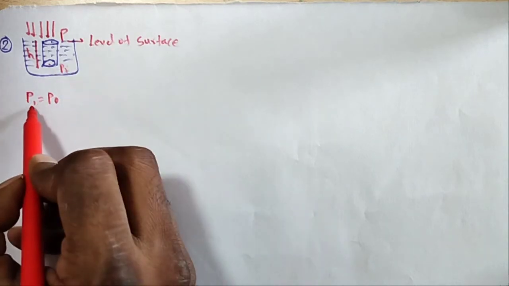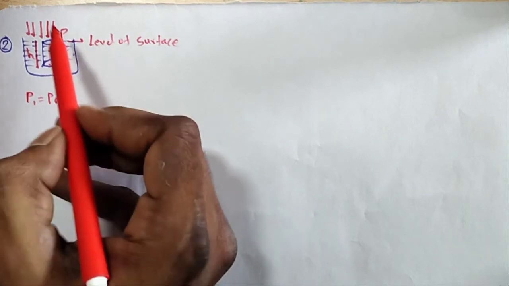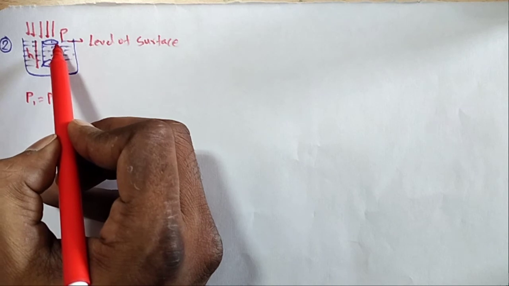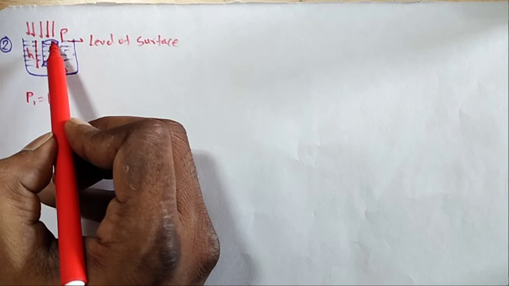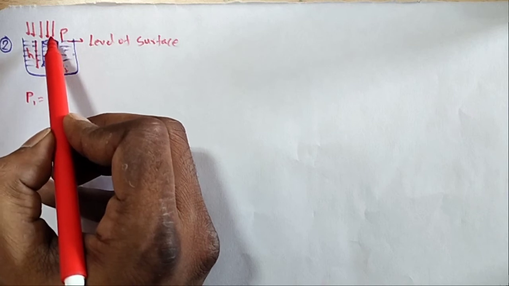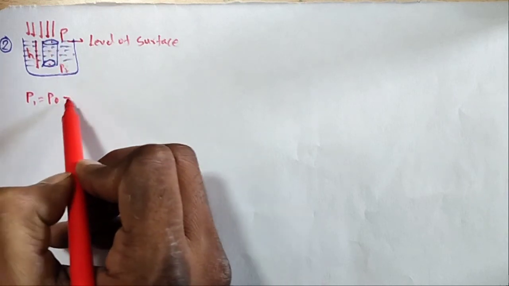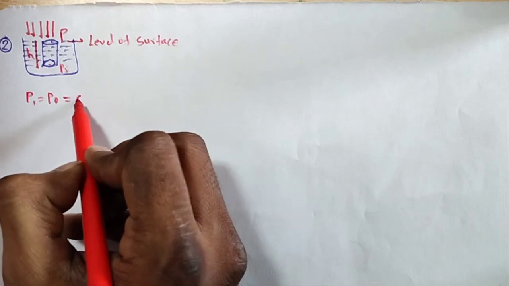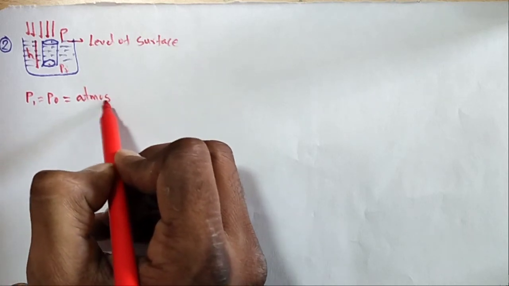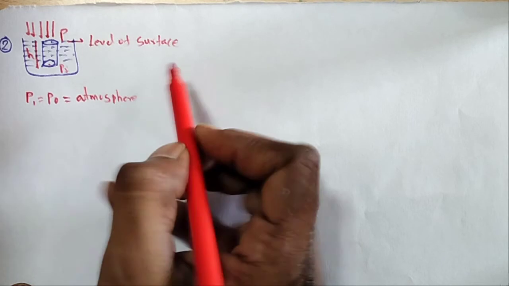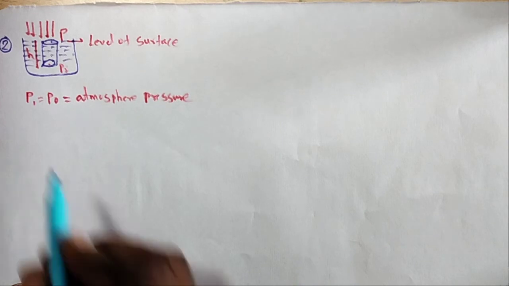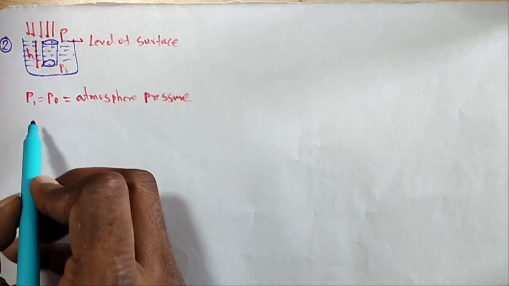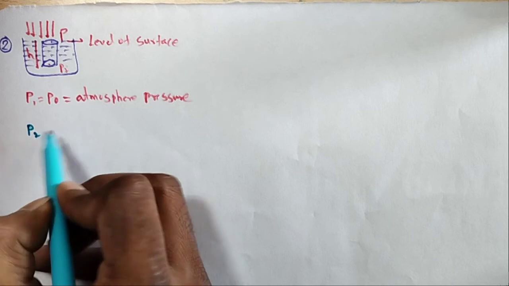So P1 is equal to P naught, when the point is at the level of the surface, top of the surface, the pressure acting is called P naught, the atmosphere pressure. So P1 is equal to P naught. What is the P2 at the Q position?